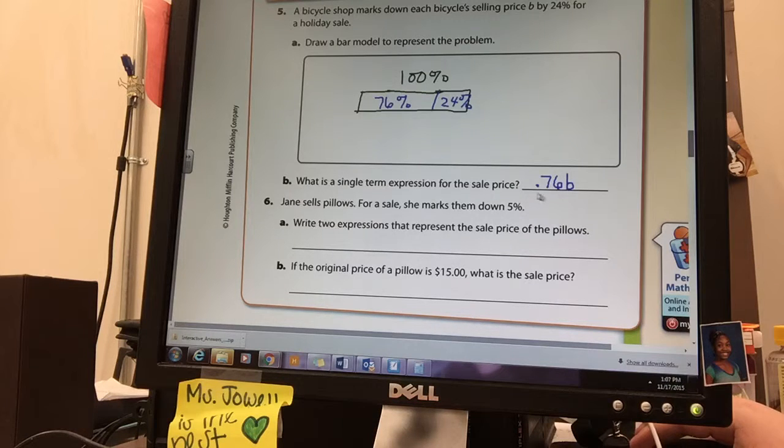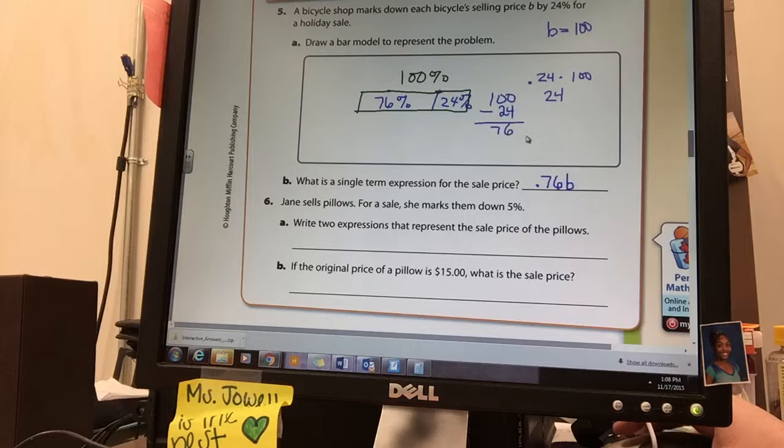Now it's single because it's all one term. Okay. So then, let's say this bike was $100. I could find out the discount by going 0.24 times 100, because it's 24%, and get $24 and say, okay, well it was $100 and now I'm saving $24 off of it and finding out that it's $76.